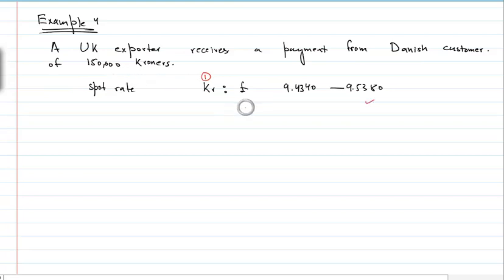Again, 1 pound is equal to more than 1 kroner, so it means we are going to divide it. So 150,000 kroners divided by the bigger rate, 1.5380, and whatever is the answer, this will be the amount in pounds.